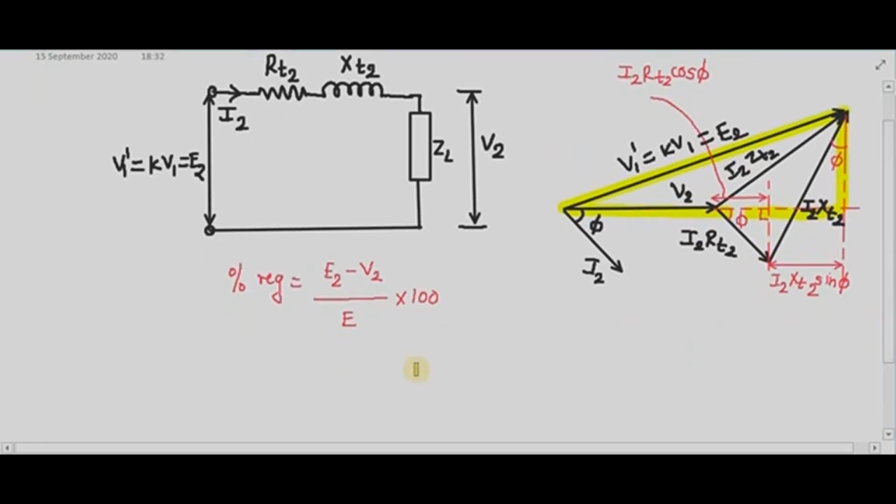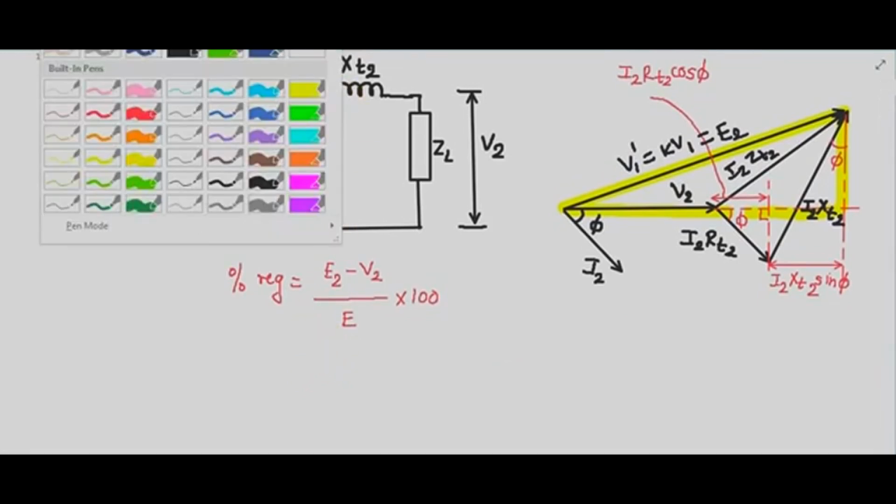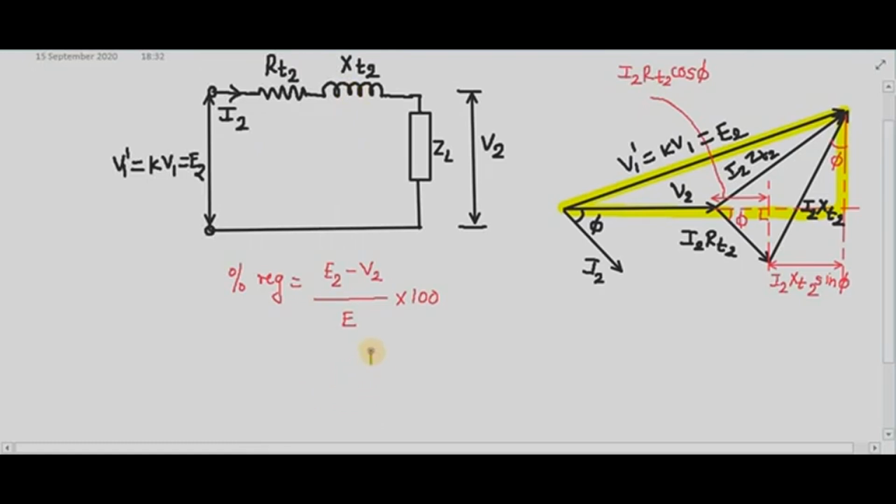I can write down my E2. My E2 is equal to under root of the horizontal component of this triangle plus the vertical component of this triangle.